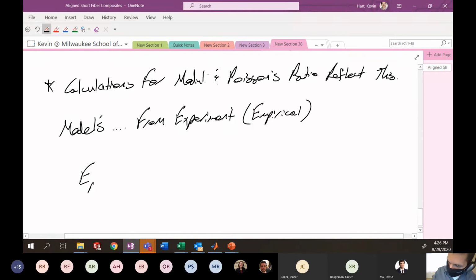So the modulus of a random short fiber composite gets about 3/8 of its contribution from the modulus in the one direction, and 5/8 of the modulus in the two direction of a composite that would be made with aligned short fibers. Okay.